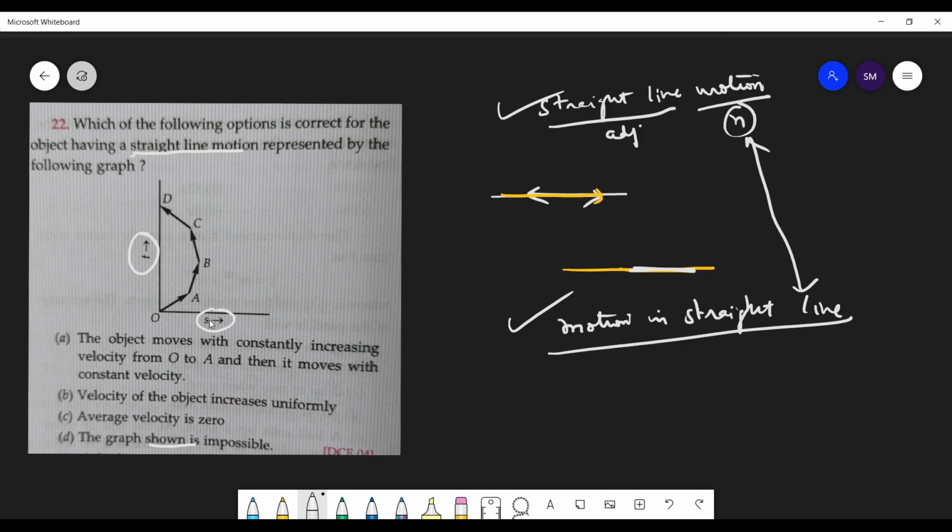Who has told you that this is distance? Sir, S represents distance. Who told you? I always represent S with displacement. When have I written it? We can take it as distance when we are moving only in the same direction. Then distance and displacement are the same thing.